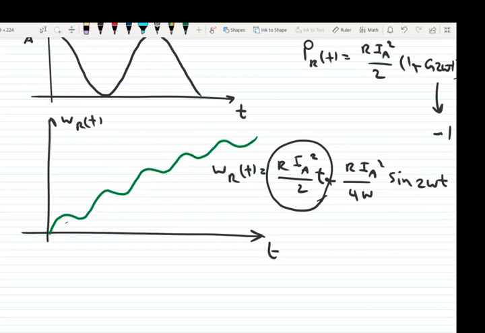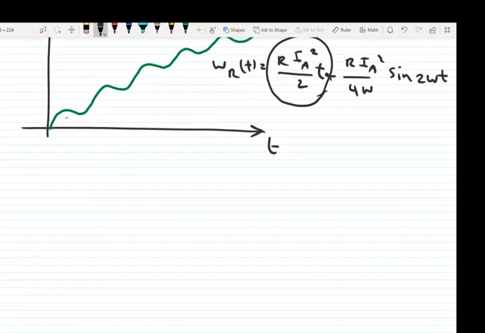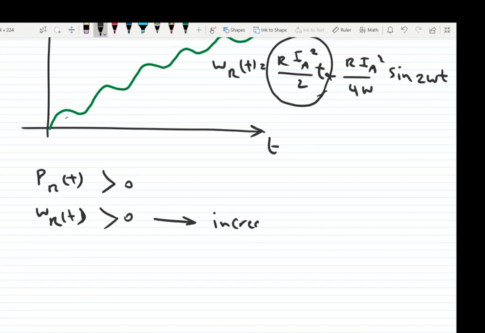So both power and energy for the resistor are always positive, while energy increases without bound.